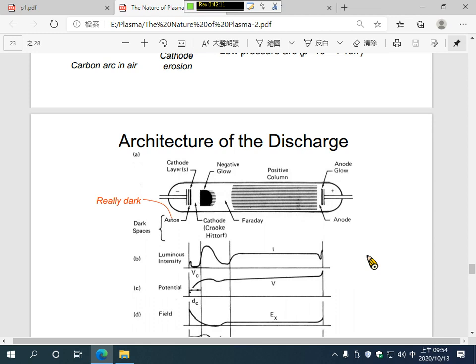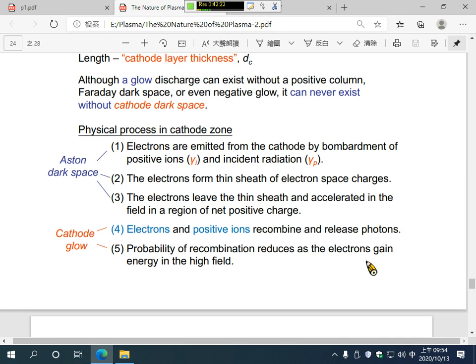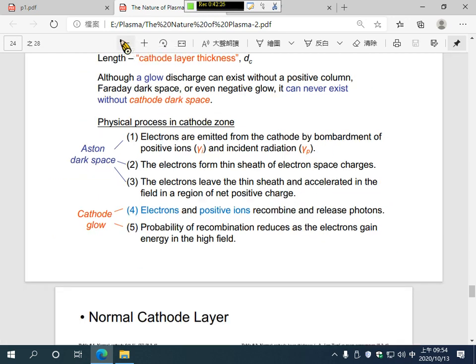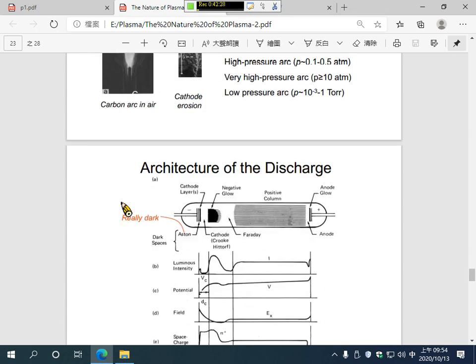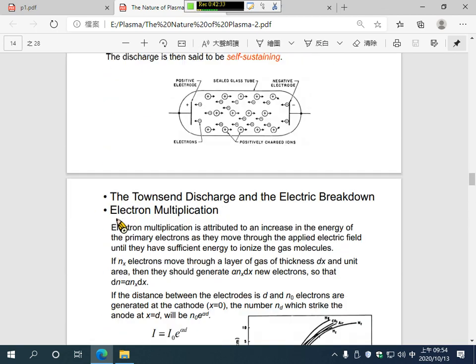Okay, so we finished the nature of plasma, the first part of our course. So, do you have any questions about the architecture of the plasma, or architecture of the discharge, or the characteristic?